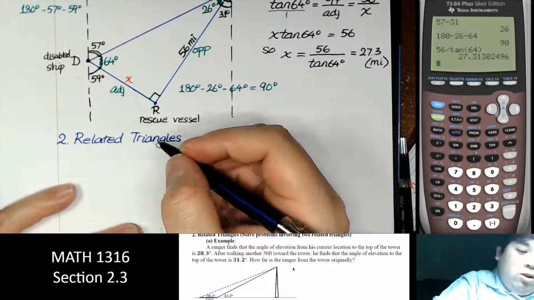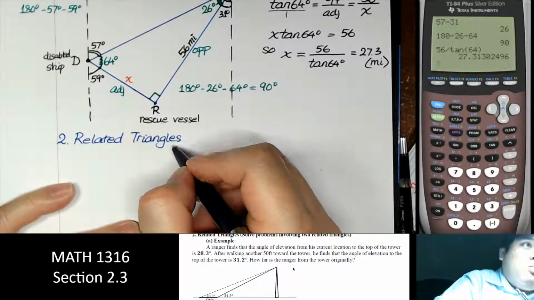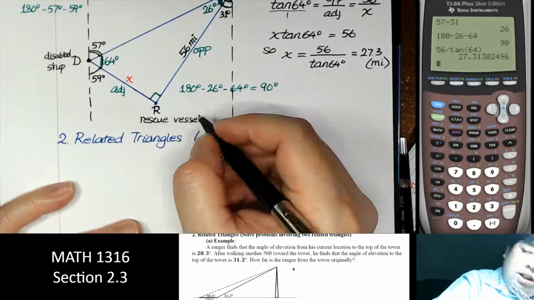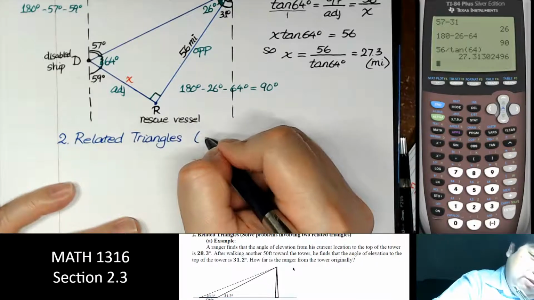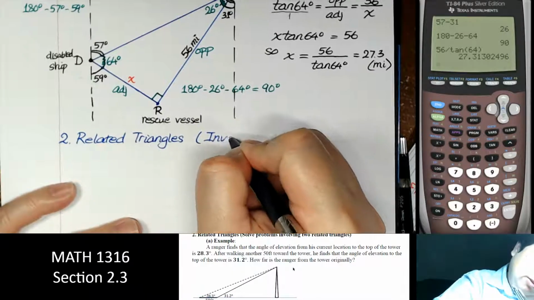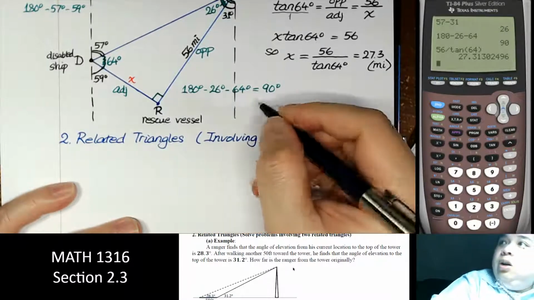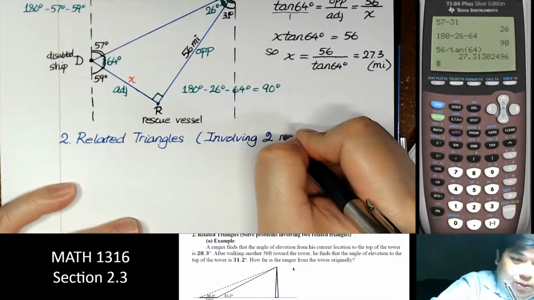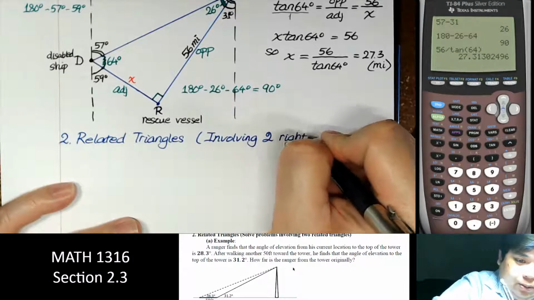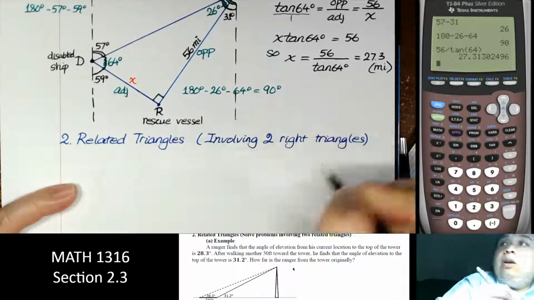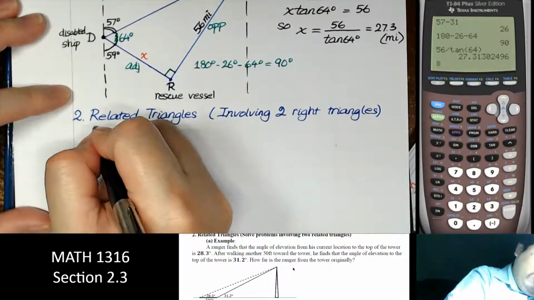Related triangles. Related triangles, the plural, meaning that we have more than one triangle. So that is involving two right triangles, because right now we only deal with one right triangle.